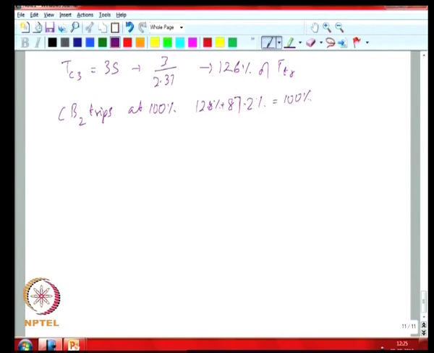If you look at the corresponding time, you get 2.1 seconds as the time required for your breaker to trip. So, the margin that you have in this particular case is 3 seconds minus 2.1 or about 0.9 seconds of margin at the lower current level.